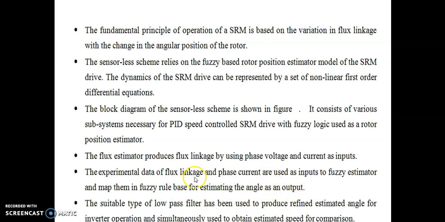That is, we follow if-then rules: if the phase current and flux linkage are like this, what is the value of angle? Likewise we set the rule base, and based on this we can find the output angle. A suitable low pass filter is used to produce a refined estimated angle for inverter operation, and simultaneously to obtain the estimated speed for comparison.